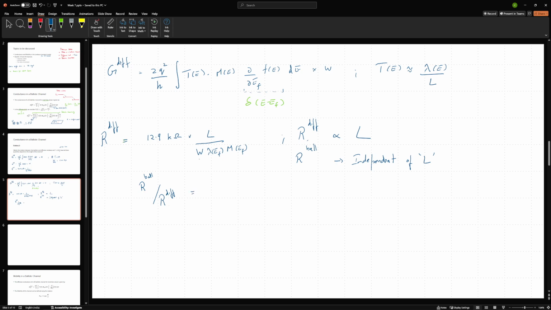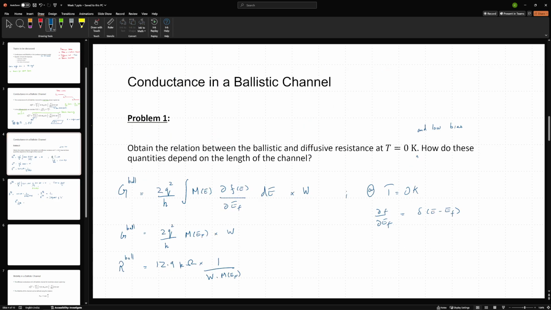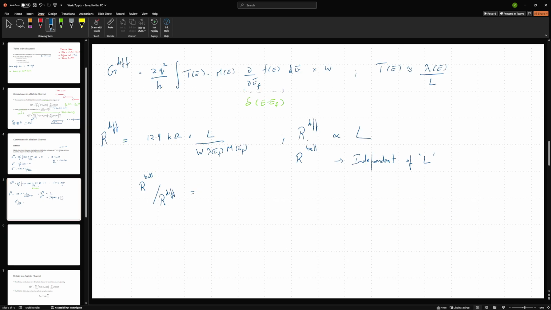So this is going to be the previous quantity divided by this. Everything is going to get cancelled out, and what we shall have is just this. So there is an L in the denominator and a lambda, yes.